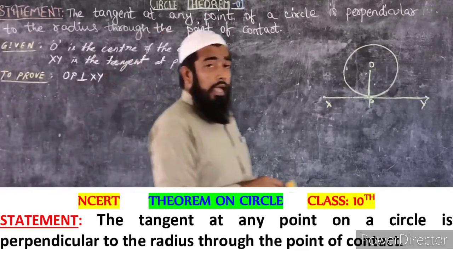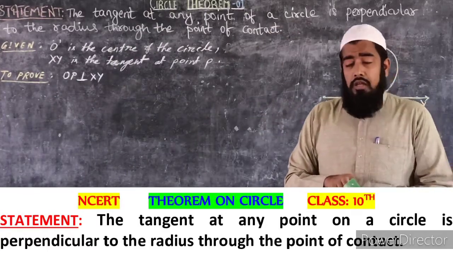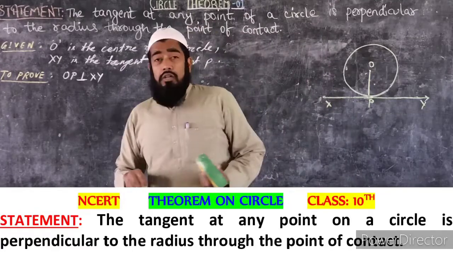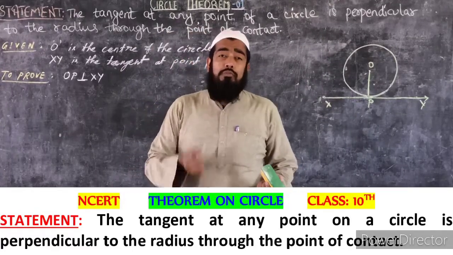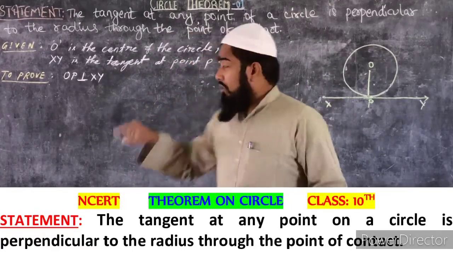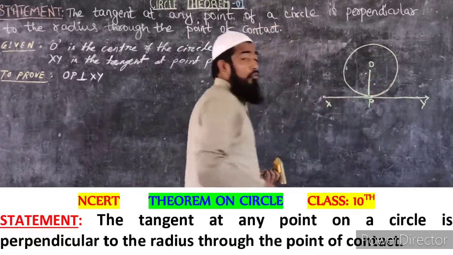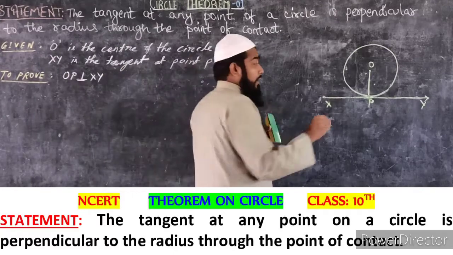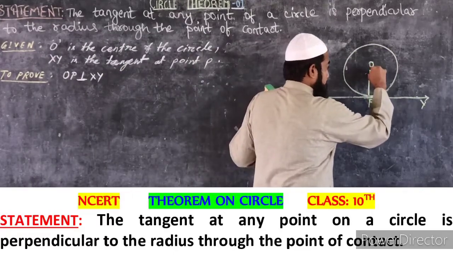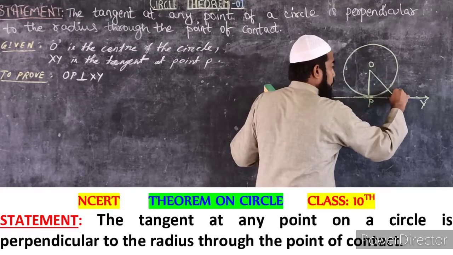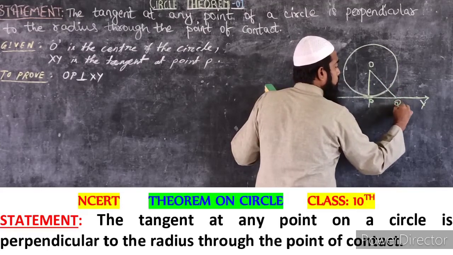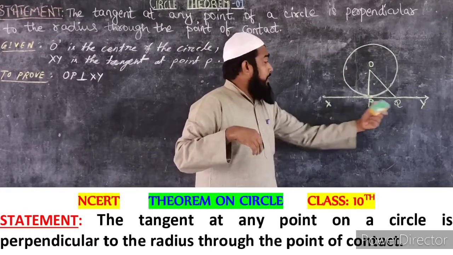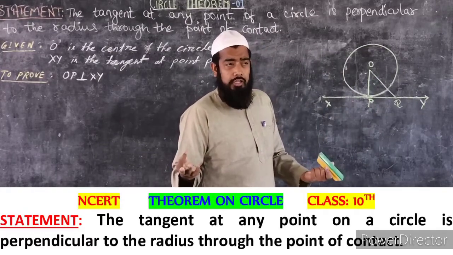But like the previous theorems on triangles, we have to do a small construction on this particular figure to prove the theorem. So what is that construction? We'll mark a point Q, or you can name it anything, it's not an issue.